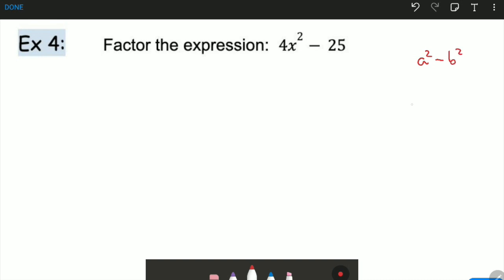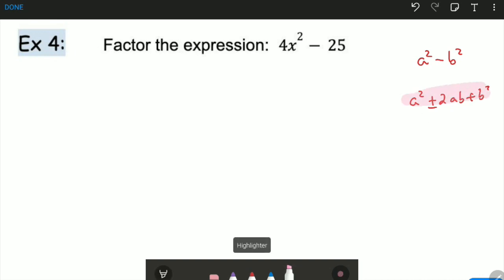There's also a pattern where it's a squared plus 2ab plus b squared, and a squared minus 2ab plus b squared. These two are just condensed on the formula sheet and written as plus or minus. So a squared plus or minus 2ab plus b squared.